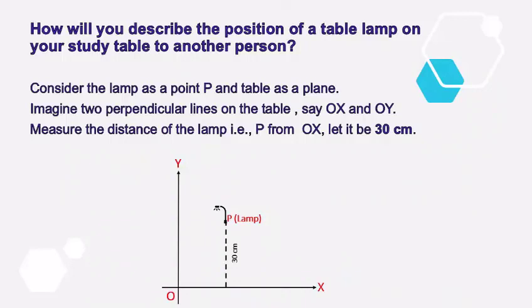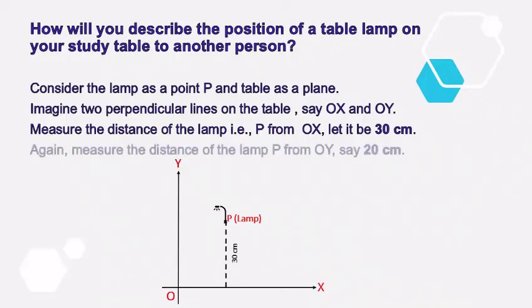Now measure the distance of the lamp P from the vertical line OY. Let it be 20 centimeter. You can see in the picture the distance of the lamp from OX is 30 centimeter and from OY is 20 centimeter. How will you show this?